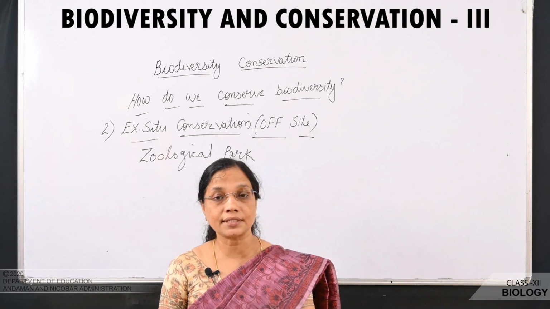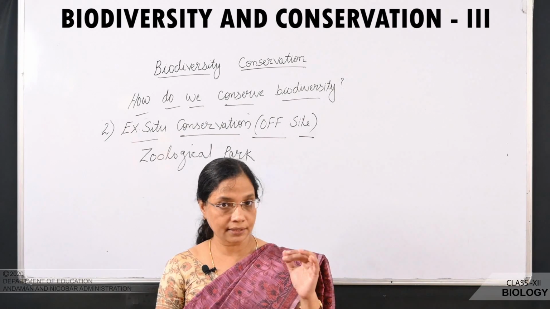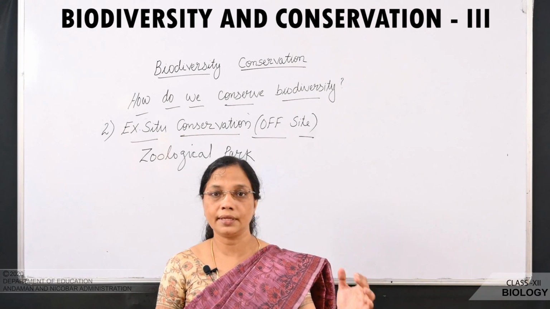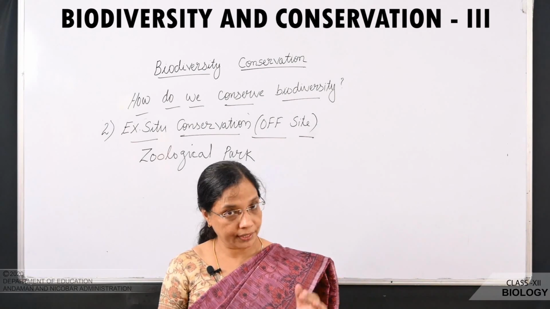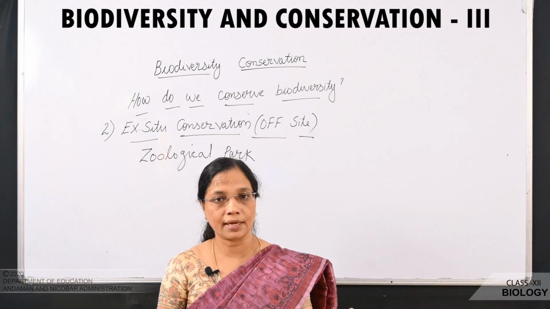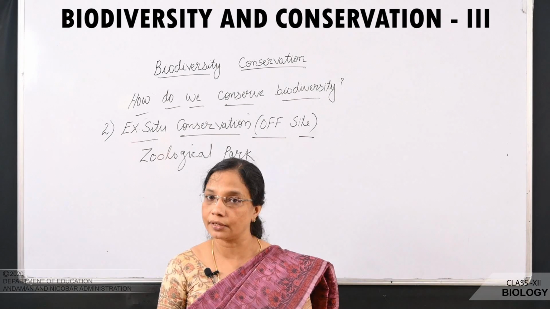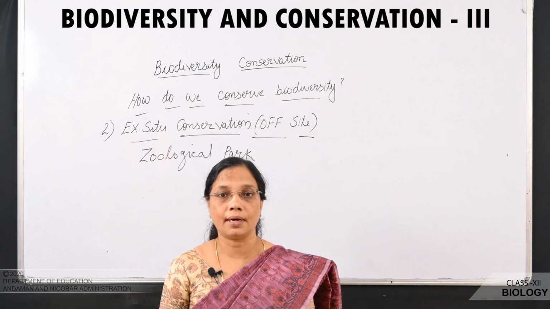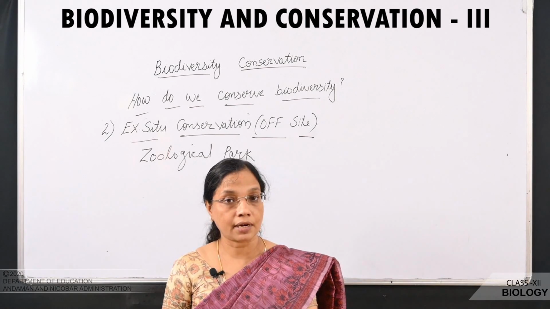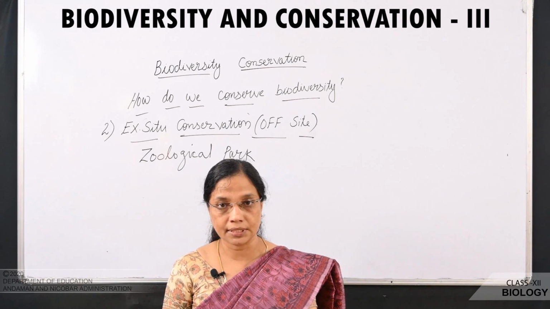Extinct means extinct in the wild, in their natural habitat. In order to protect them from extinction, they are taken and conserved in an enclosure, and also bred in order to maintain their number. Here the visitors are allowed to see these animals.